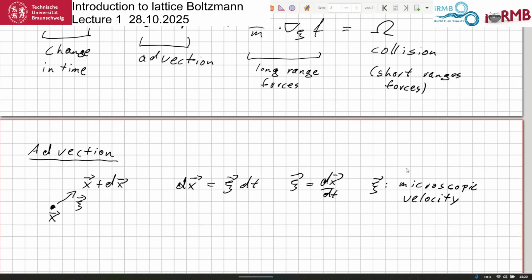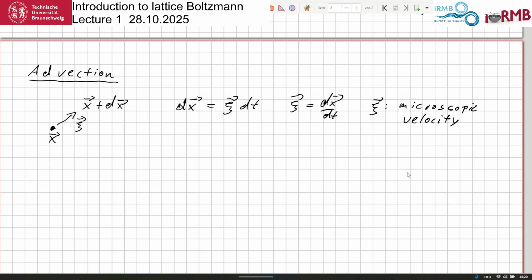So it is important to understand this difference with the Navier-Stokes equation, where we also have an advection. So what is advection in the Navier-Stokes equation? Here we have the so-called material derivative. We have again a change of velocity; the dependent variables of the Navier-Stokes equation are velocity and pressure.